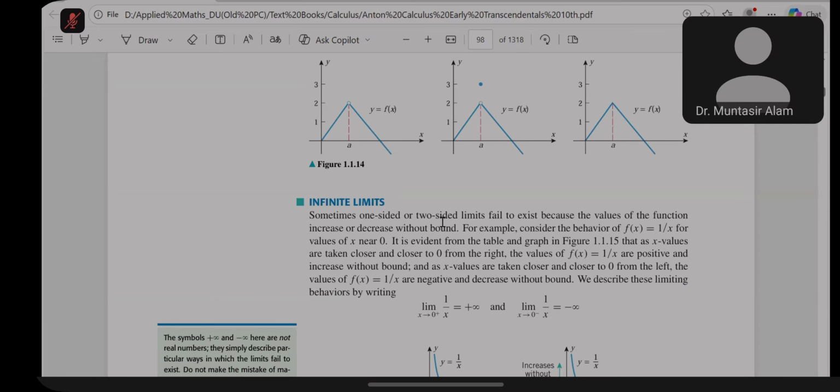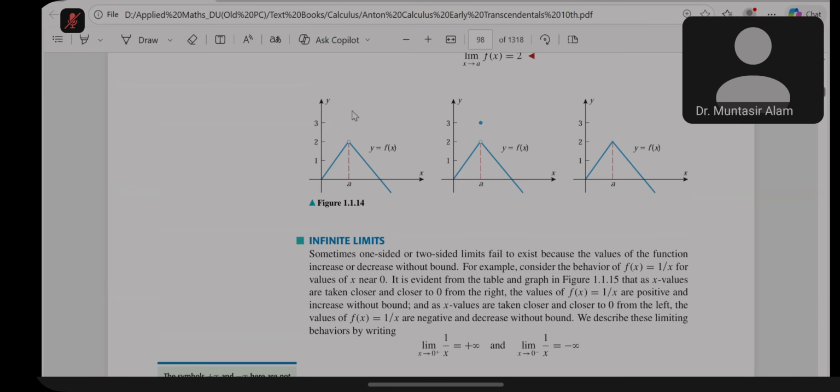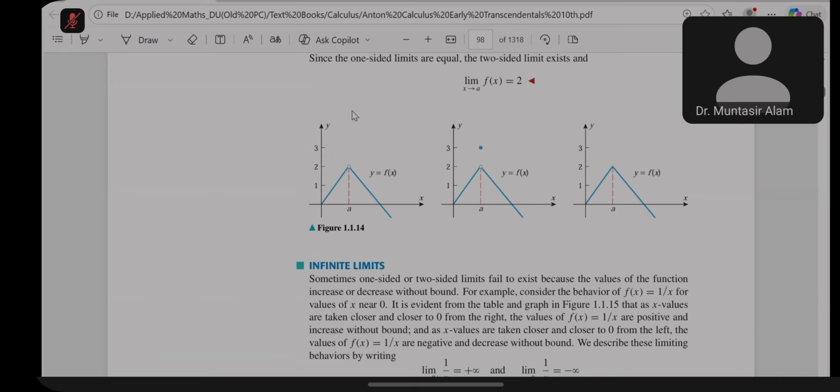From the first figure, what is your conclusion, or what type of conclusion can be drawn from the first figure? This is definitely an absolute value function curve. From the curve itself, we can see there is a breakpoint at x equal to a.